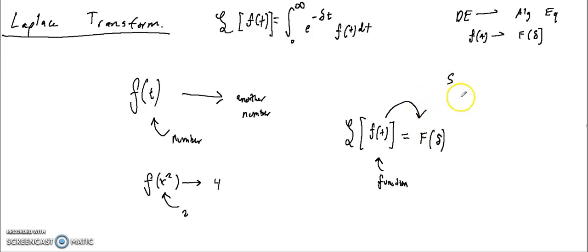Some people just write s like that, but I give it a little curly, just so it doesn't look like a 5 or something. But what this does is, differential equations can be ugly, like e to the negative x sine of 3x all over radical 3x, and you have to derive that and stuff.